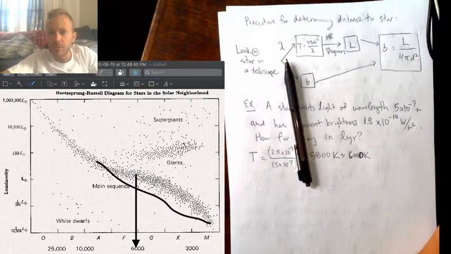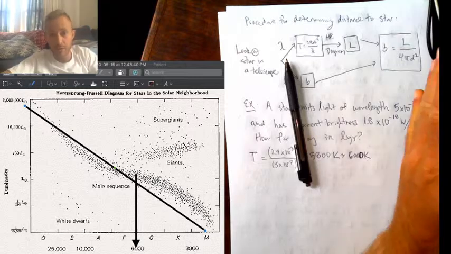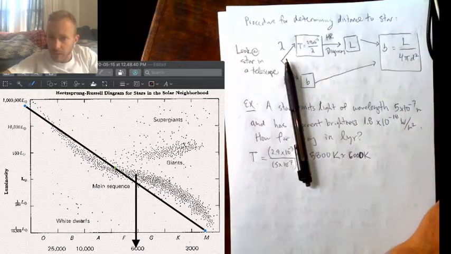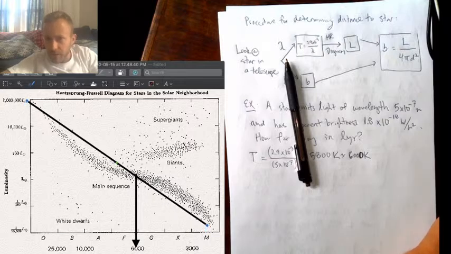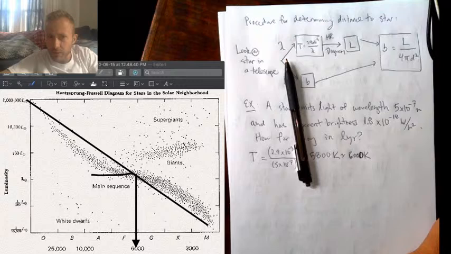We're going to talk about what the main sequence represents in another lecture. But I can see the intersection of the main sequence correlation with the temperature, and I'm going to read off the luminosity based on that. So let me draw a horizontal line here. So it's slightly more than one solar luminosity.